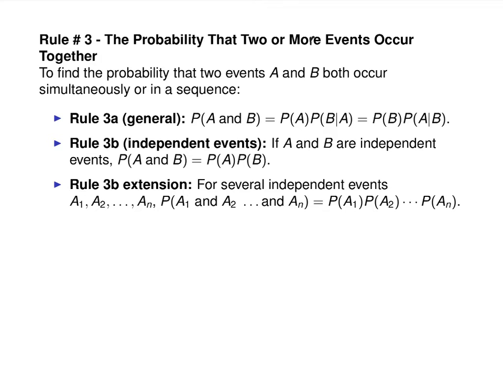Okay, and if we have independent events, then this thing would end up equaling P of B because the knowledge of A doesn't change B's probability, and this would end up equaling P of A, and that's what gives us this next rule, but that's only true if those events are independent.